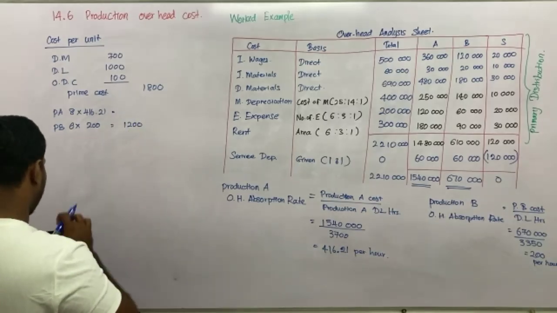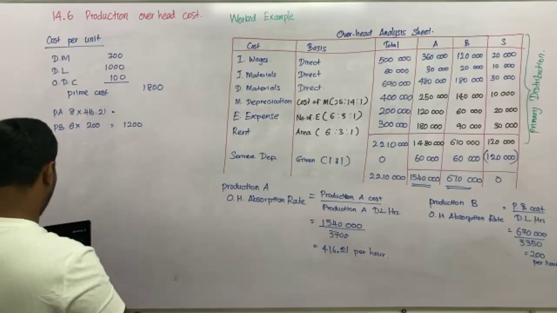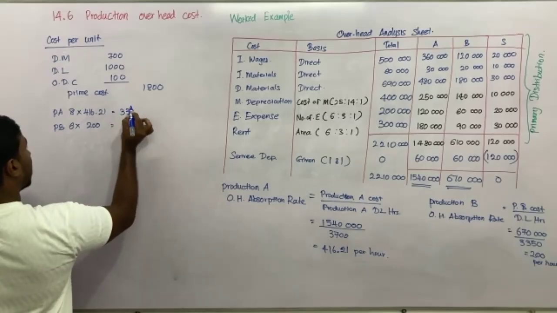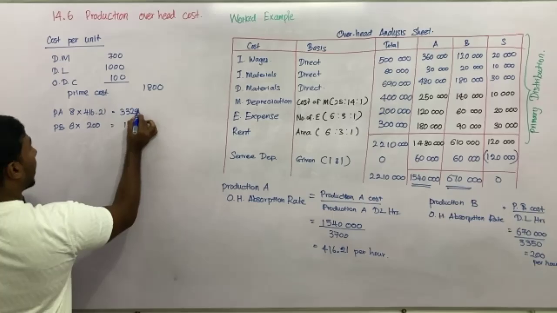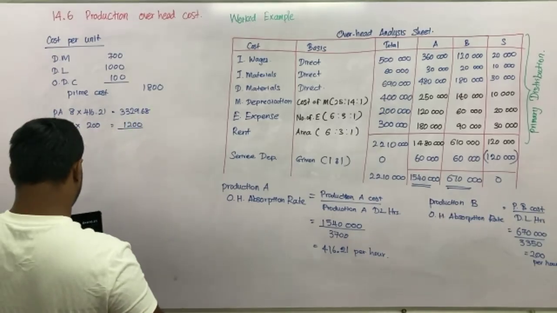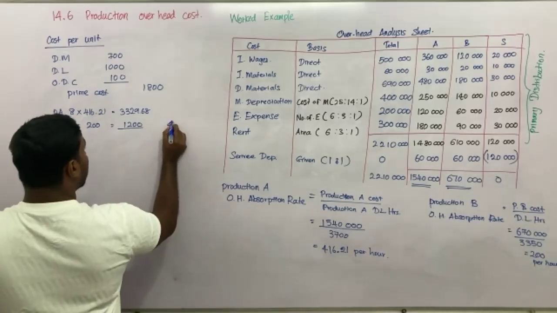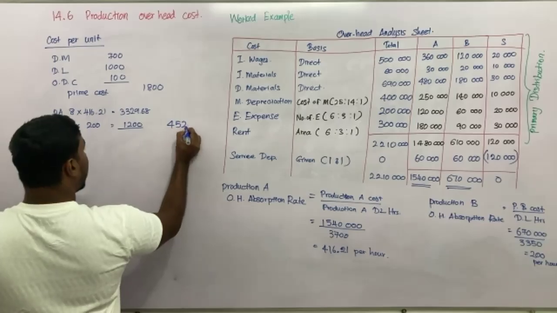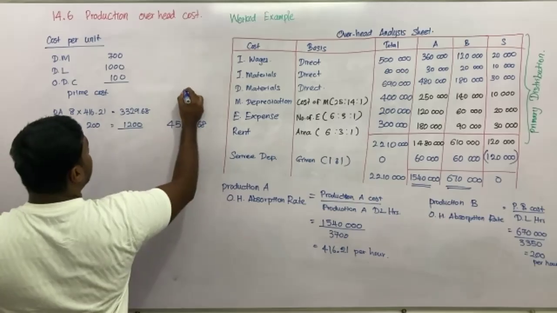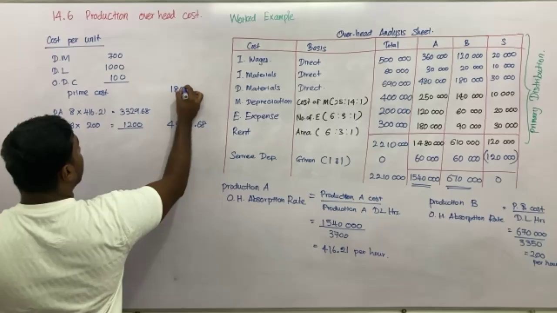8 multiplied by 416.21 equals 3329.68. Altogether, 4529.68. I will add the prime cost here, 1800.